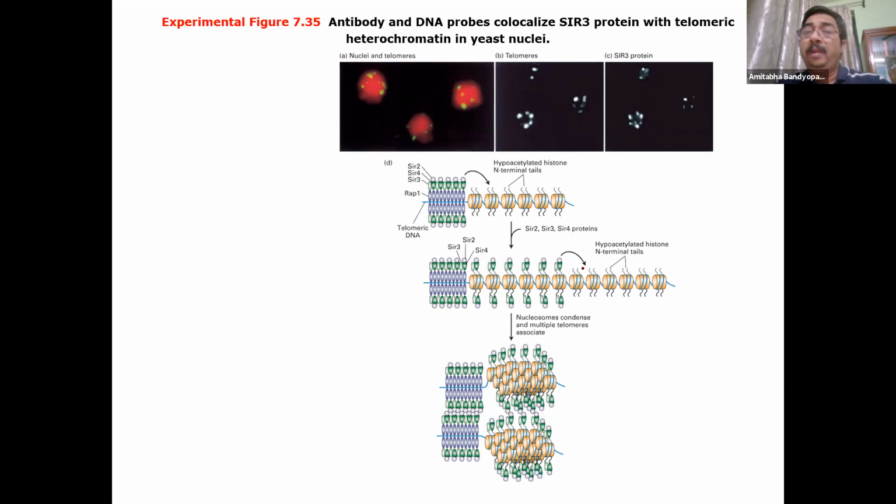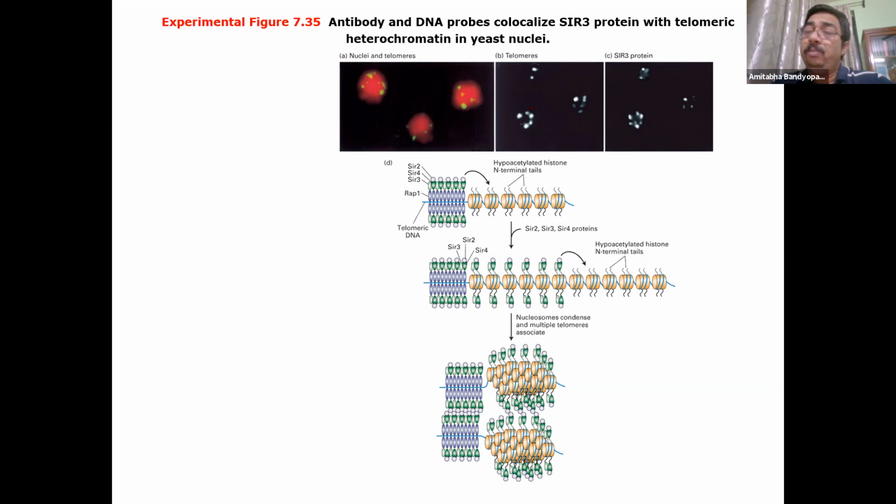Okay, and it has been shown through many different ways. Like if you do antibody staining, using a telomere specific antibody staining and the SER proteins, you can see that they are actually co-localized. So you can tell that they are in the same place.